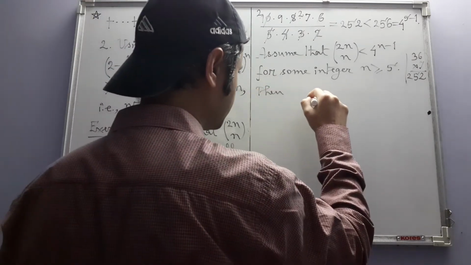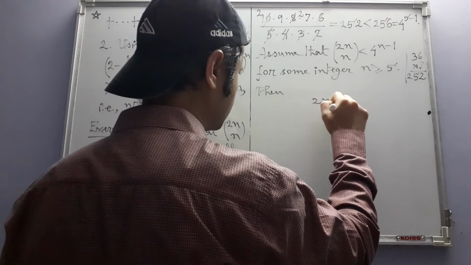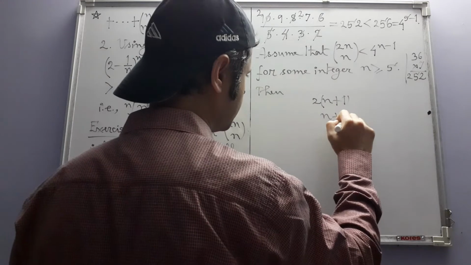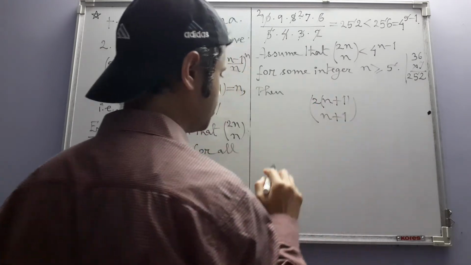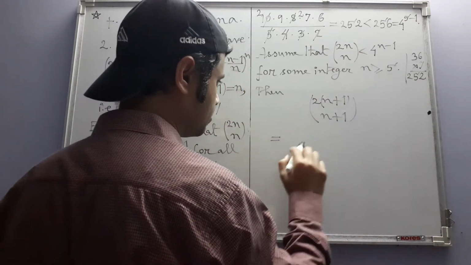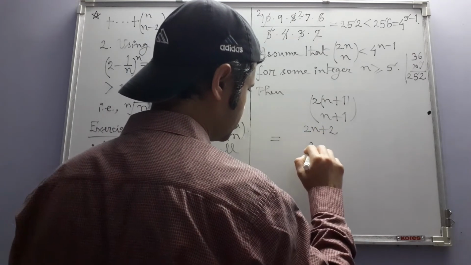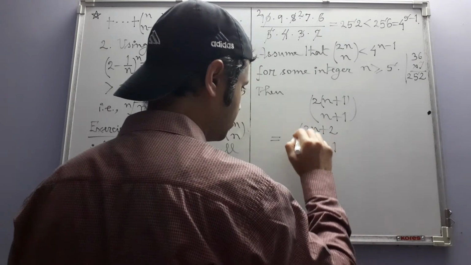Then we now concentrate on this binomial coefficient, which is equal to 2n plus 2 choose n plus 1.